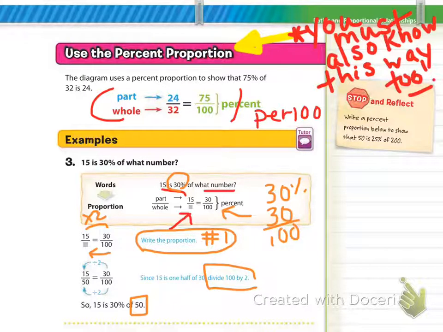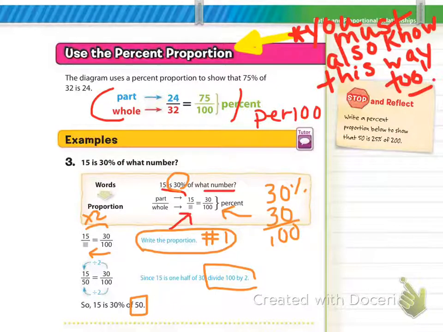The part is 15, the whole is what you're looking for. That's your left side. On the right side, since you know the percent is 30%, you're going to write 30 over 100.